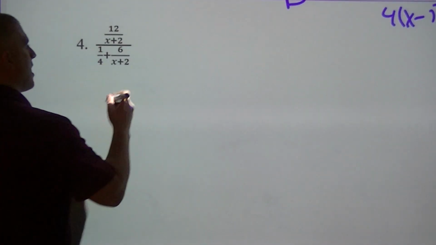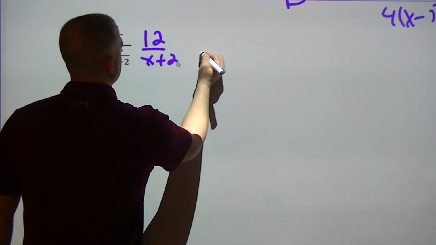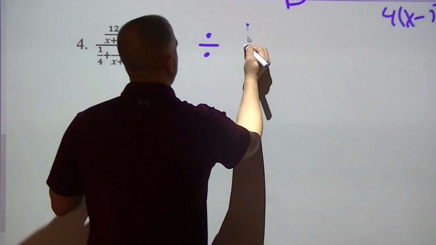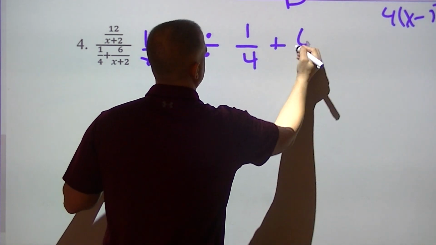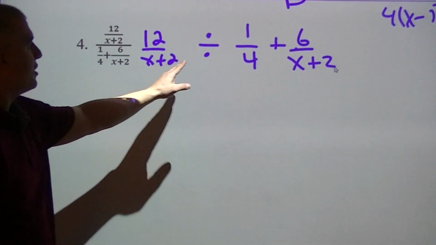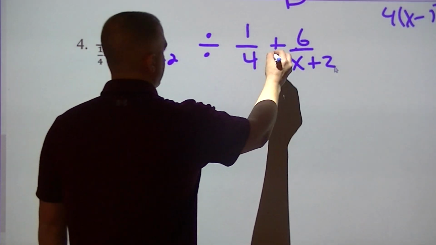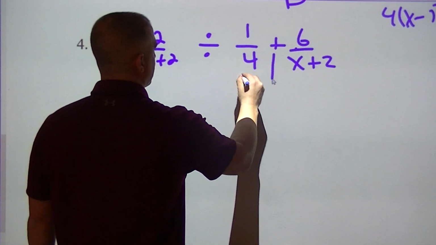Okay? So what this problem really is, 12 over x plus 2 divided by 1/4 plus x, or 6 over x plus 2. So what you have to deal with before the division is we got to get this into one fraction. So what I'm going to do, this side is missing an x plus 2.